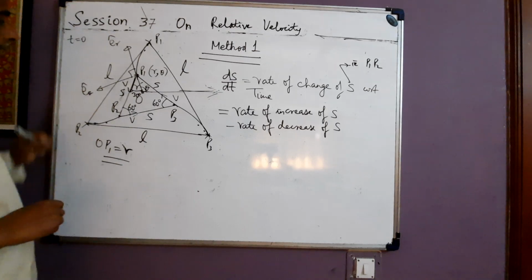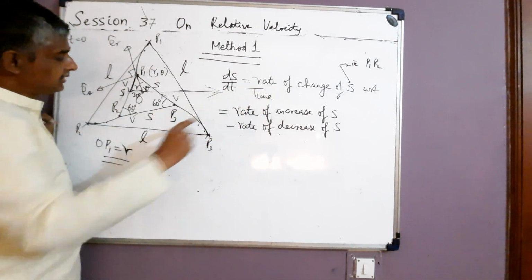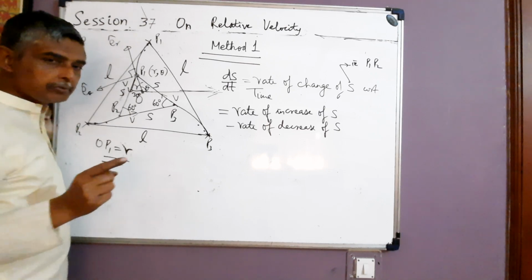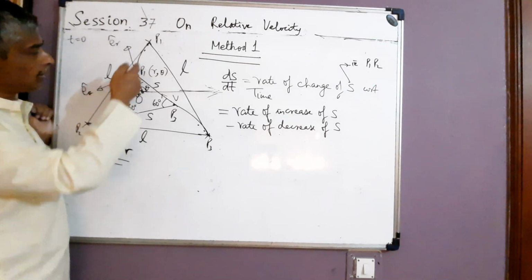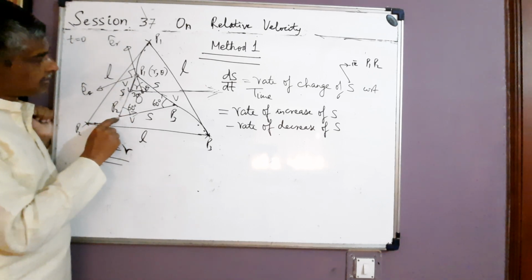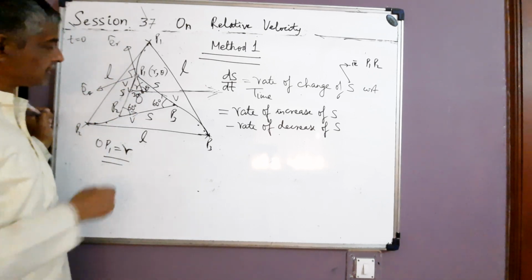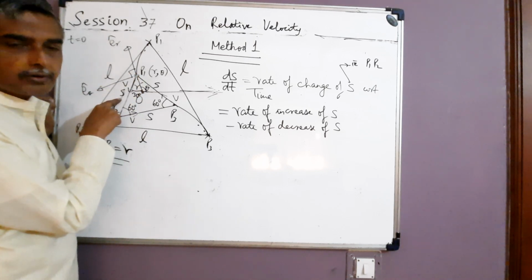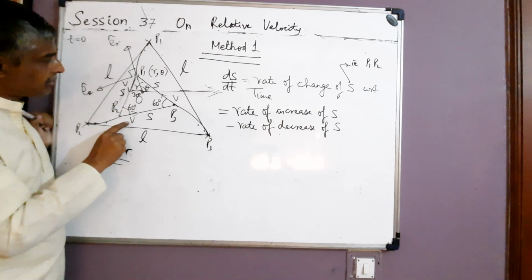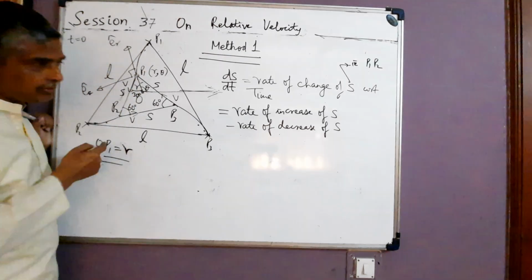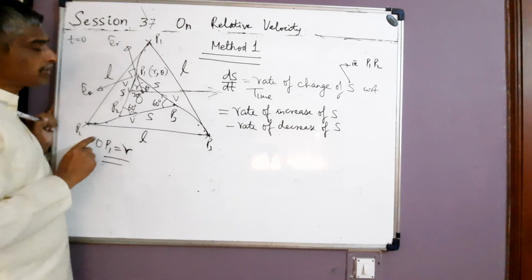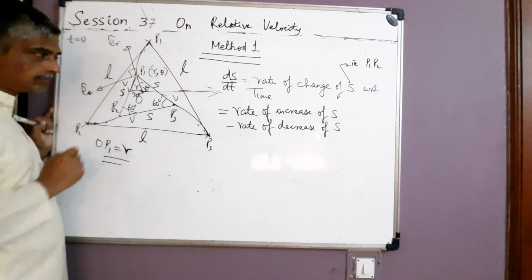Now see, rate of change of the side length P1 P2 will only be due to the component of velocities of P2 and P1 along this line P1 P2. The component of velocities of P1 and P2 normal to line P1 P2 will have no effect on the change of side length s. Side length s will change only because of the component of velocities of P1 and P2 along this line. So first we find the component of velocities of P1 and P2 along this line.